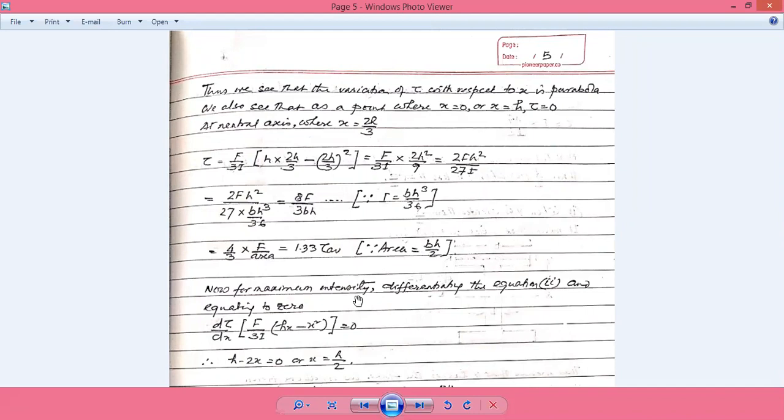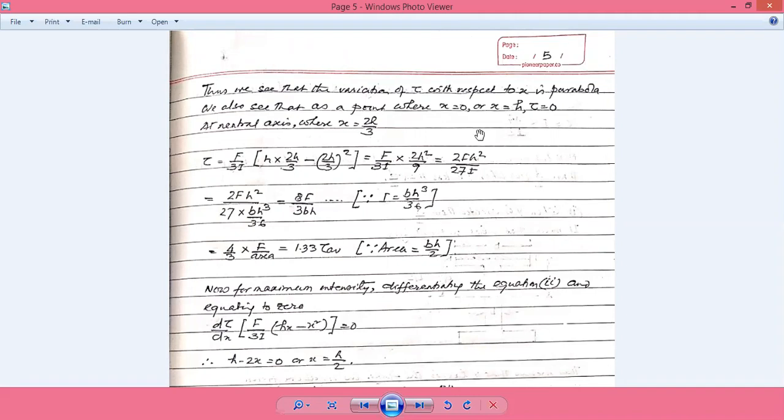Now for the maximum intensity, differentiating the equation 2 and equating to 0, d tau by dx is equal to F by 3I into (h minus 2x), which is equal to 0.